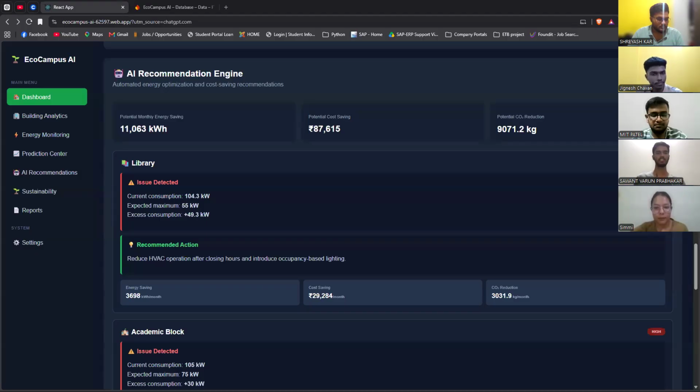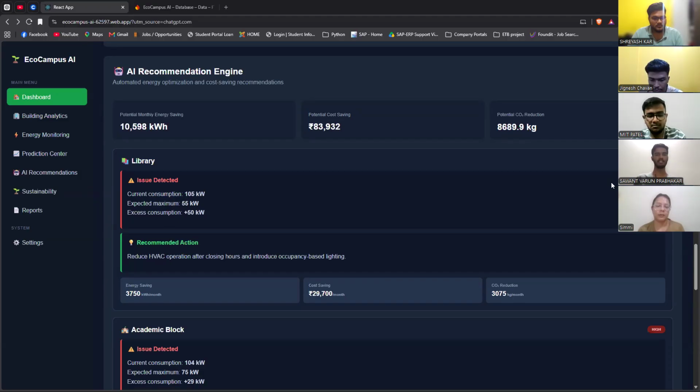At the top, the system estimates potential monthly energy savings of 8,738 kilowatt hours, potential cost savings of 69,201 rupees, and potential carbon dioxide reduction of approximately 7,168 kilograms. Let's take the library as an example.